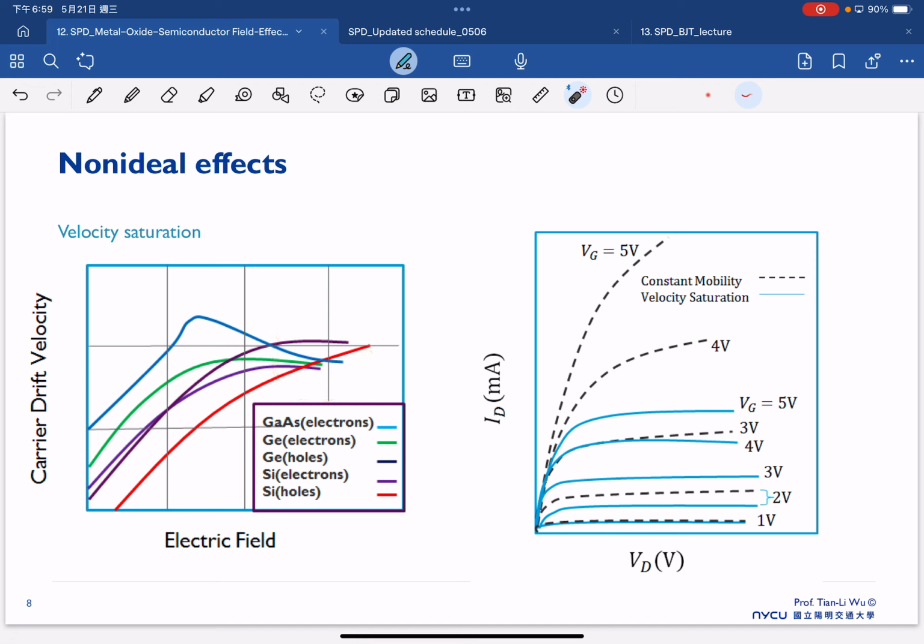So it's very important to consider, if your device is crucial to operate in a high electric field, that we need to find a material that is good for velocity saturation. One example where we need to operate in a high electric field and also want very high speed is the RF power amplifier, the radio frequency power amplifier.